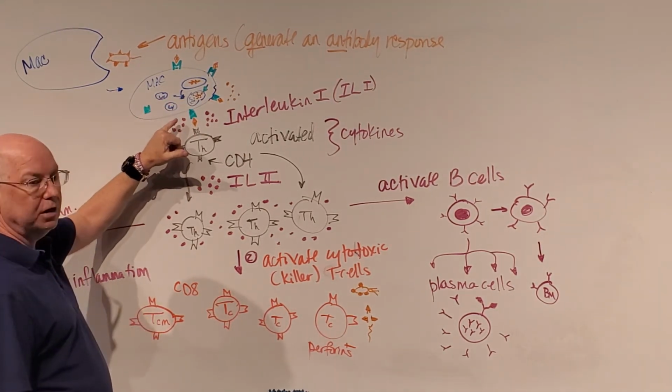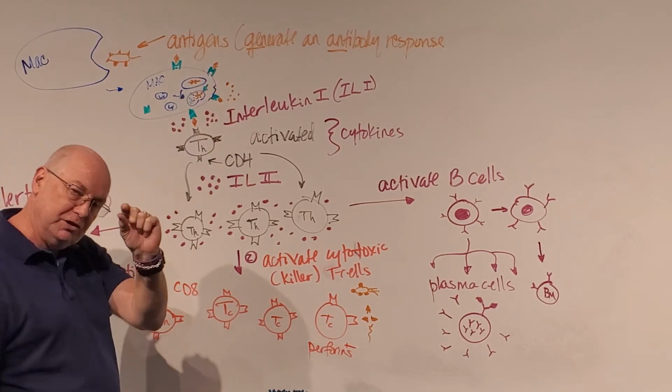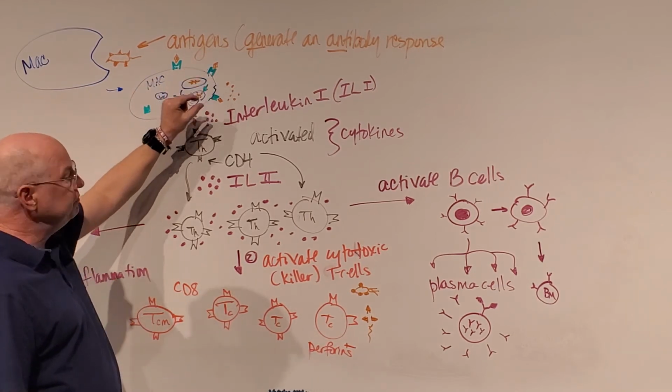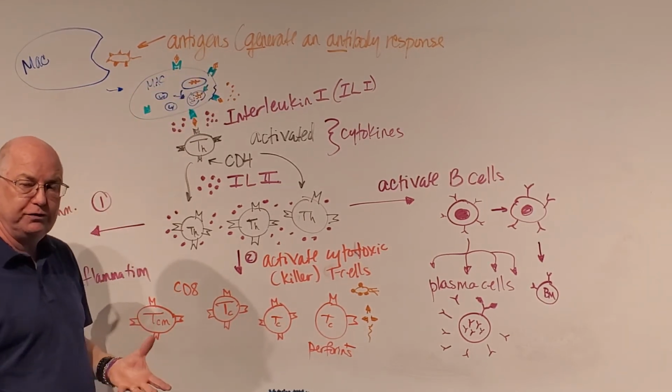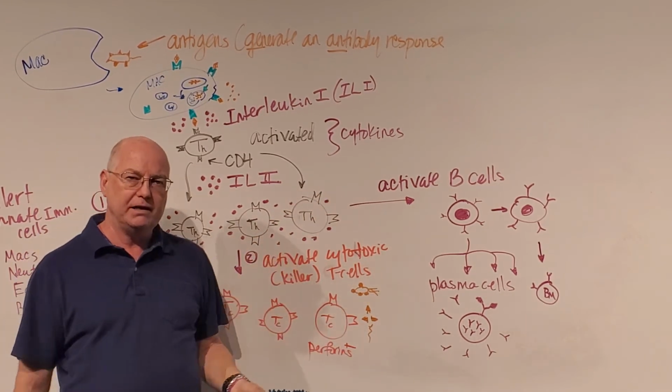The MHC2 molecule will bind to a specific antigen, a specific protein from that bacterium, and then stick the MHC molecule with the antigen off on its surface, basically running around telling everybody, look, here I'm presenting to you the bad guy.